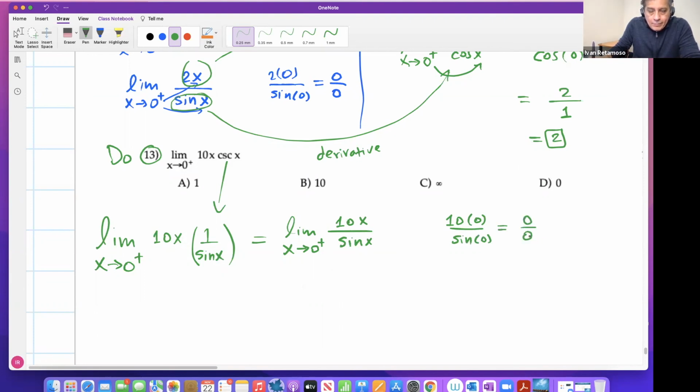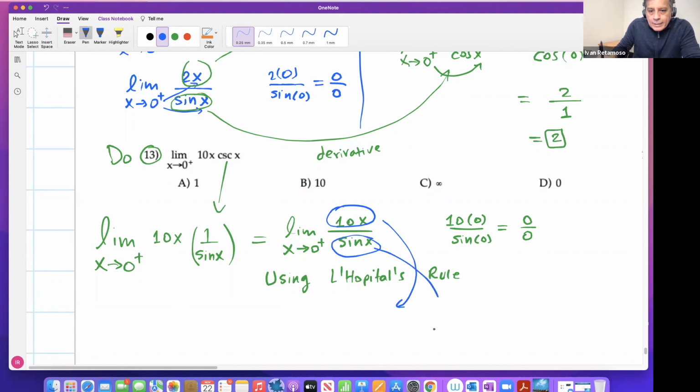Which is the green light for me to go ahead and use L'Hopital's rule. L'Hopital's rule says take the derivative of this guy, and trade this quotient by the quotient of the respective derivatives. Derivative of 10x is 10.